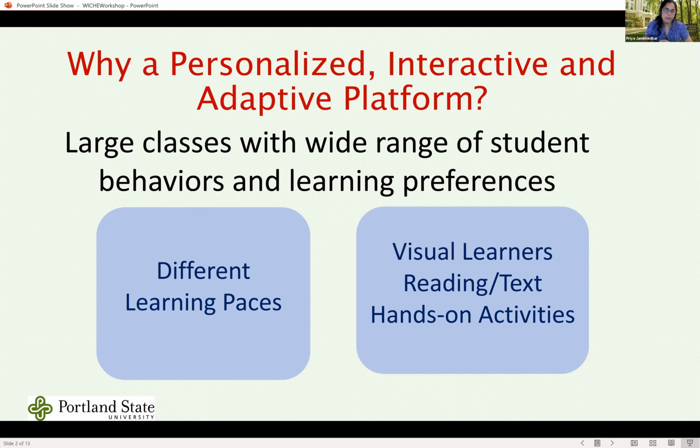Some students are better visual learners and would rather watch a video or look at a simulation. Some people get more by reading text. Some people like hands-on activities. And most of us just like a collection of all these different ways of learning the same concept, right?